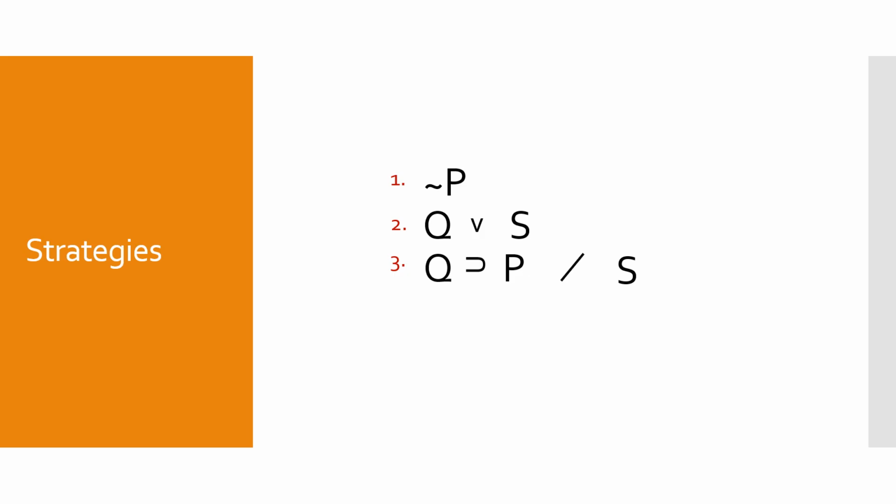And when we look for the premise that contains that term, we find it in the second premise, which is it's either Q or it is S. And of course, from a disjunctive statement Q or S, in order to draw the conclusion that S must be true, I'm going to have to find a way to negate Q. So I need to somehow prove that not Q is the case.